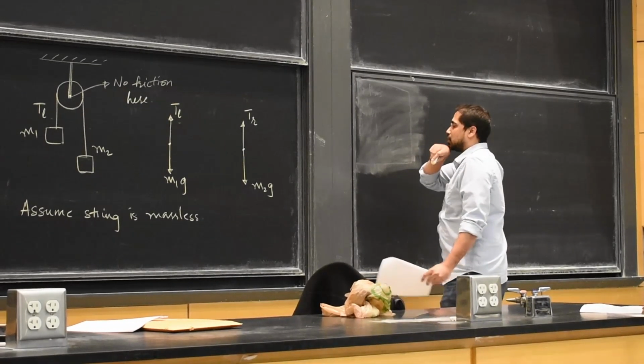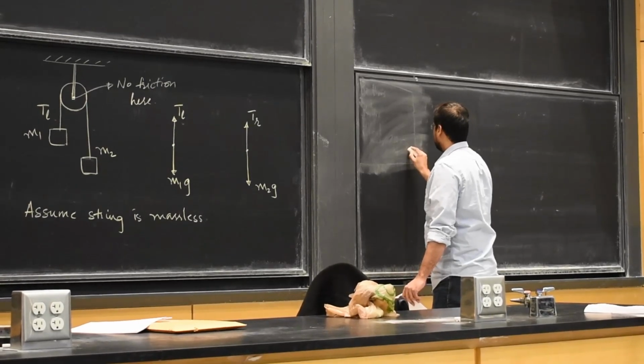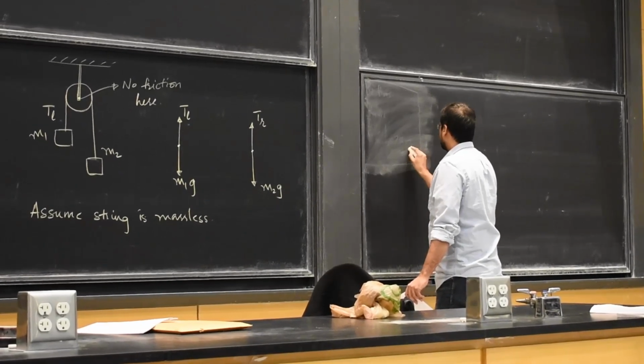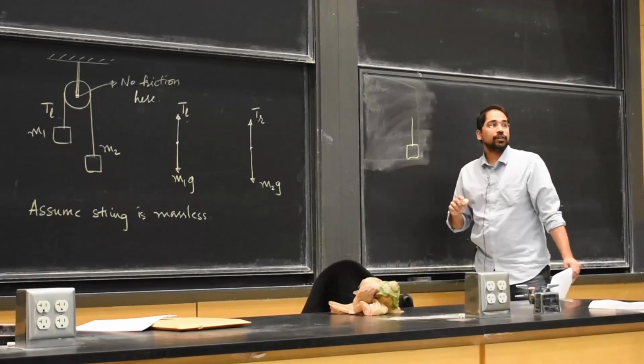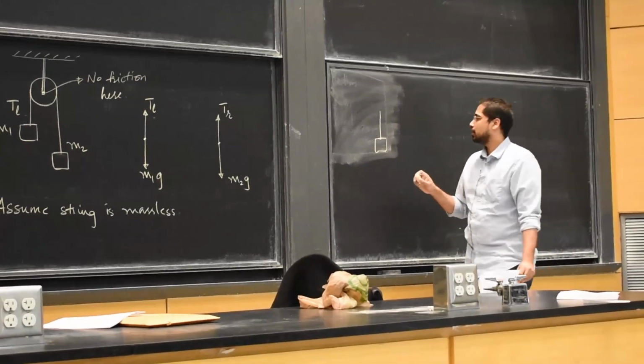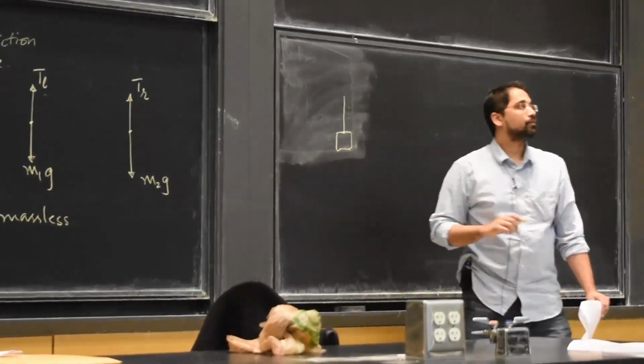Okay, so to show this, let me take a simpler example. I take a block, I attach a string to it, and imagine that the string has different tensions at each point.